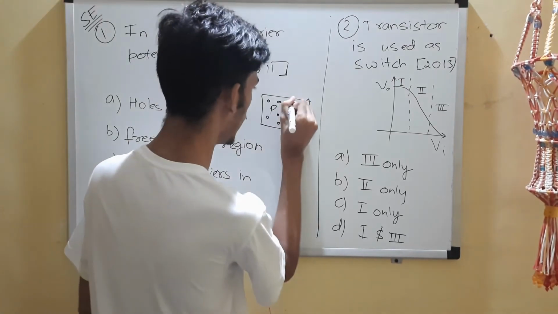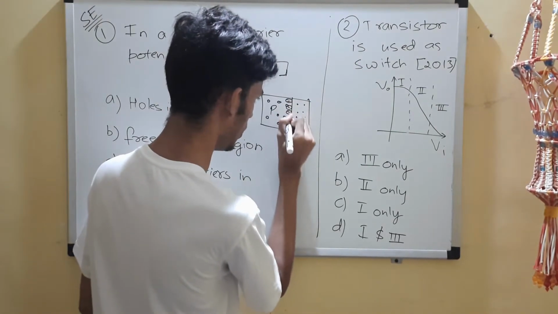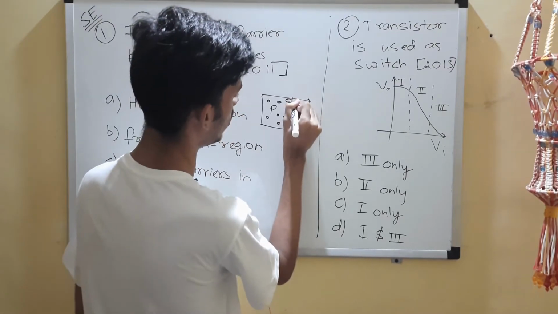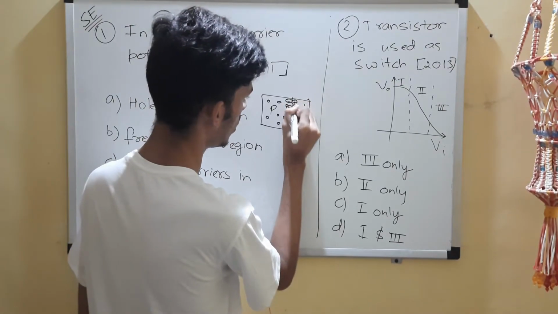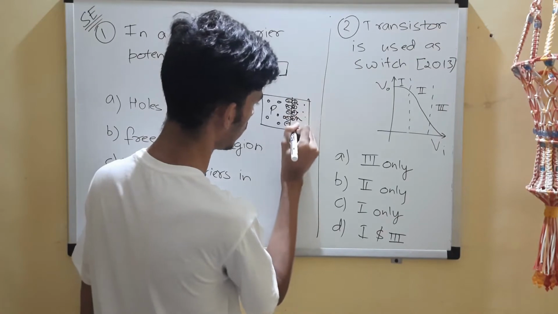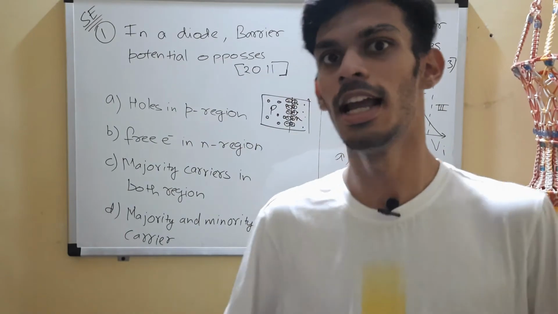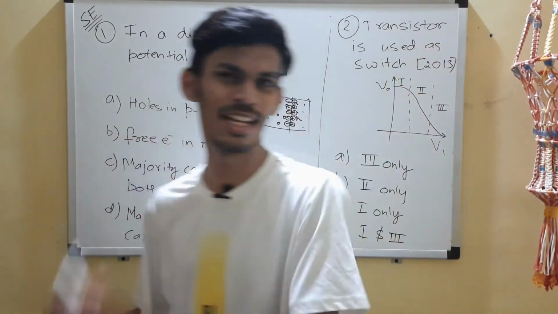And there will be a negative charge at the junction in the p region, right, due to diffusion, and here there will be a positive charge due to diffusion, right?